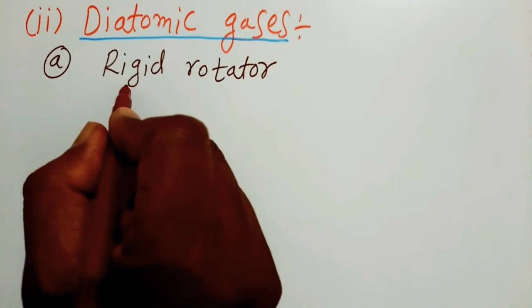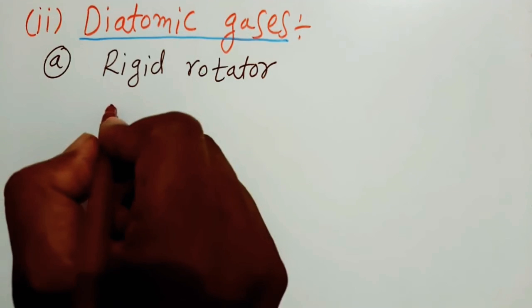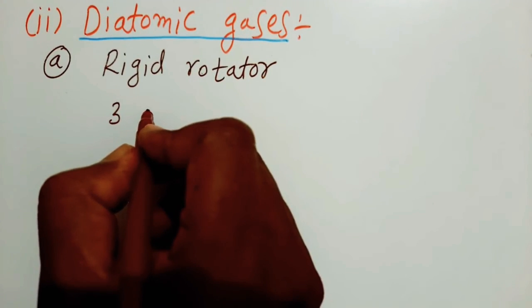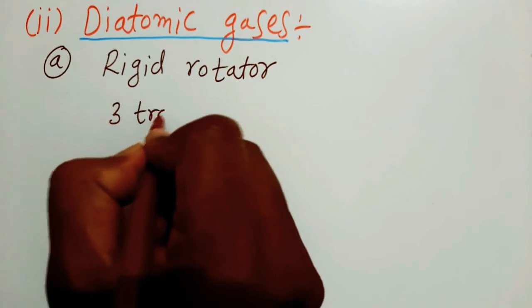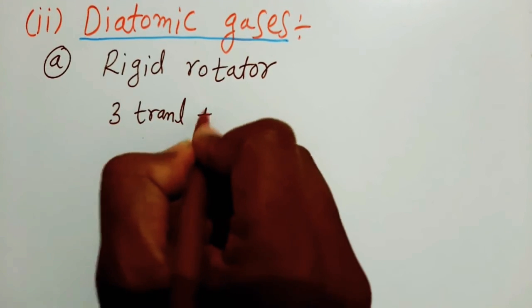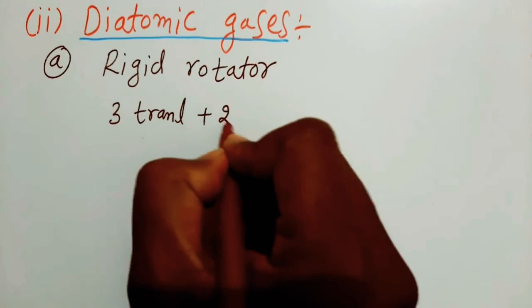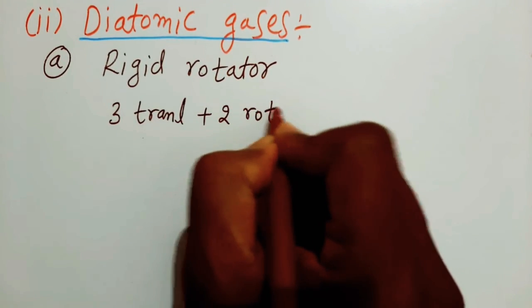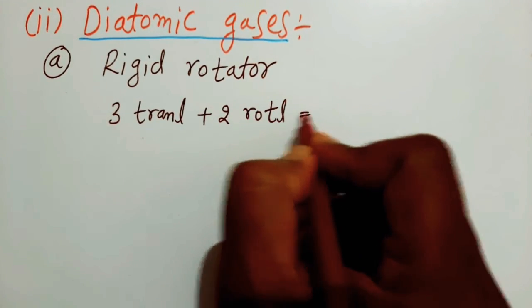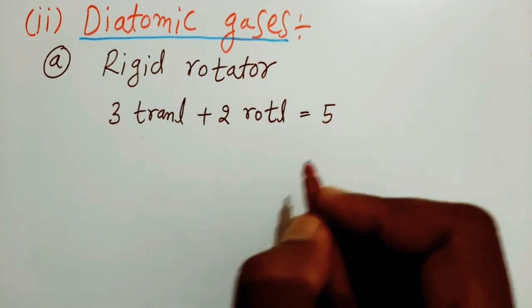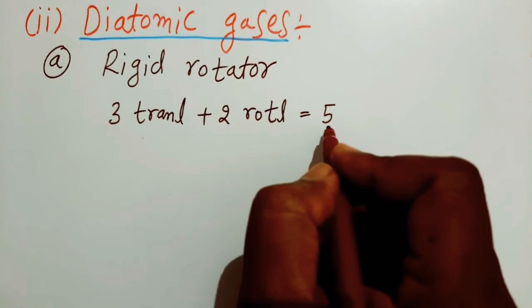Here a rigid rotator has 3 translational degrees of freedom plus 2 rotational degrees of freedom. In total it has 5 degrees of freedom.